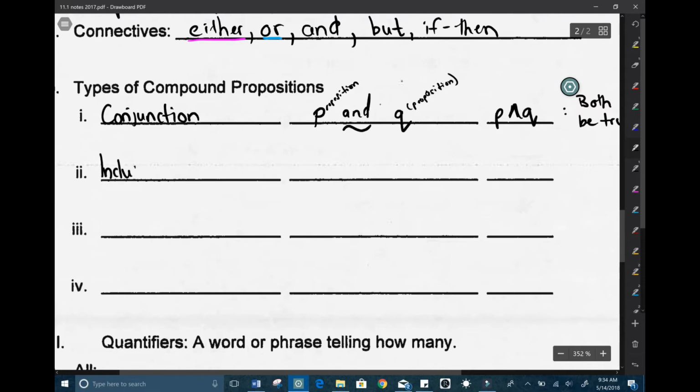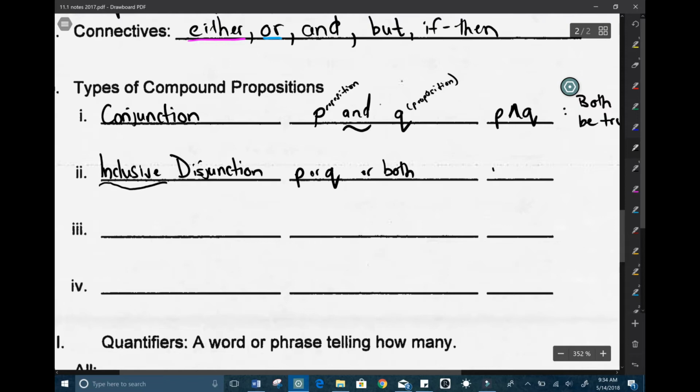Inclusive disjunction. An inclusive disjunction is P or Q. That looks like pork, almost. P or Q, or both. Okay, so the inclusive disjunction can be both things as well.